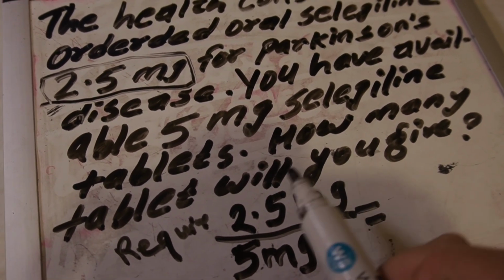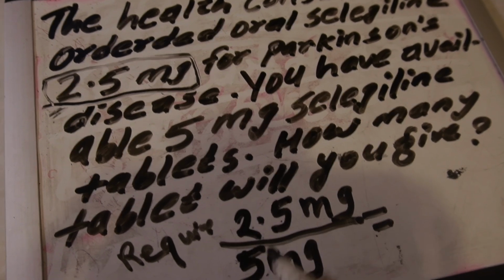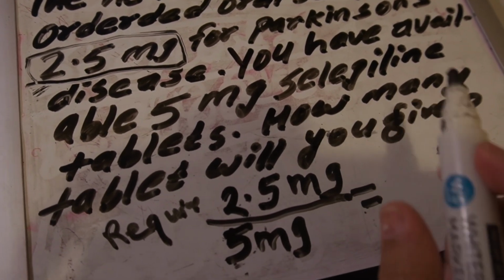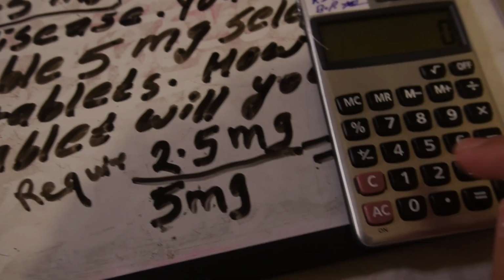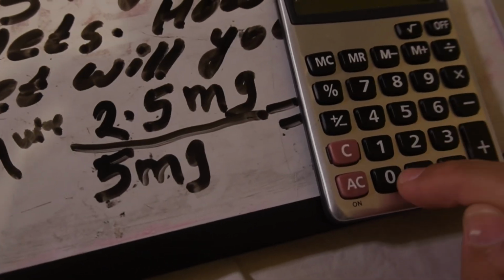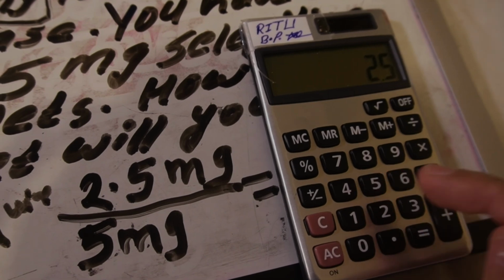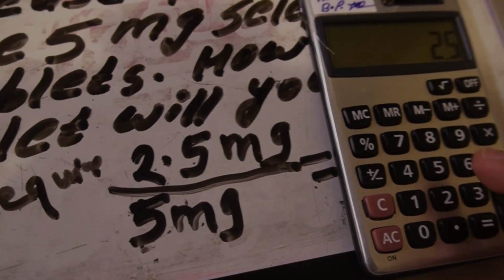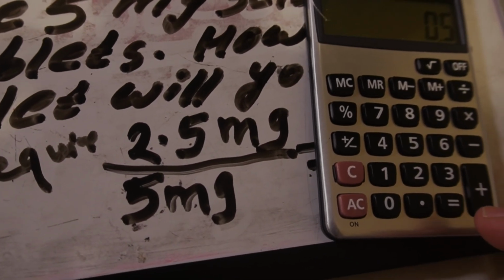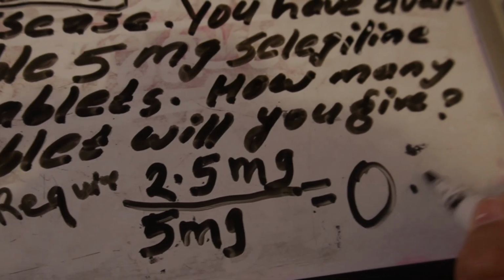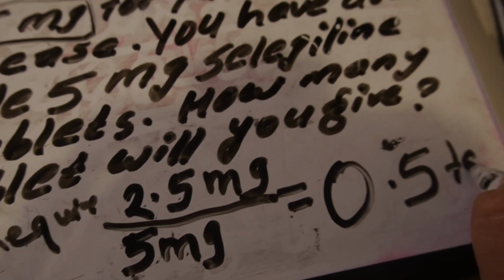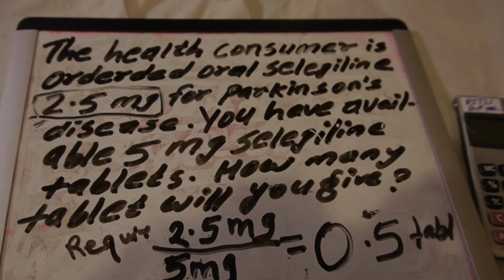Now we need to divide 2.5 mg by 5. I have a calculator here. 2.5 divided by 5 is equal to 0.5. The answer is 0.5 tablet. I hope you understand.